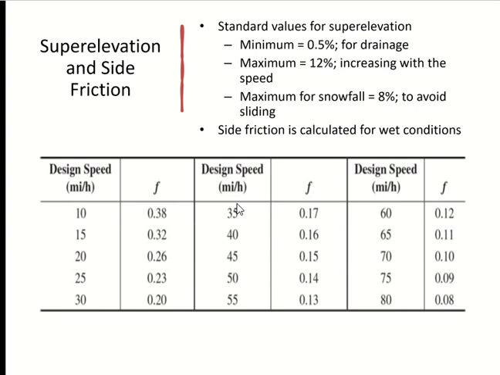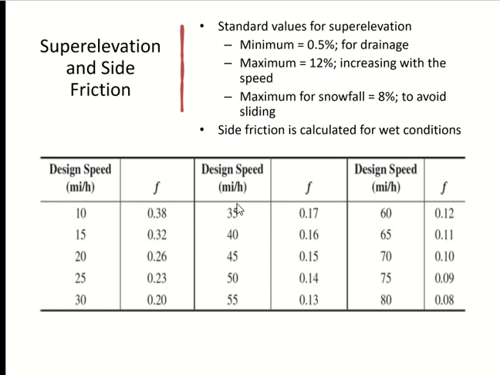Why less for wet conditions? To avoid slipping. If the road is wet and the slope is very high, there is a chance that the vehicle may slip. When we say wet conditions, I mean most of the year. If you have rain one day in the whole year, you will not change your value. Most of the year is dry.